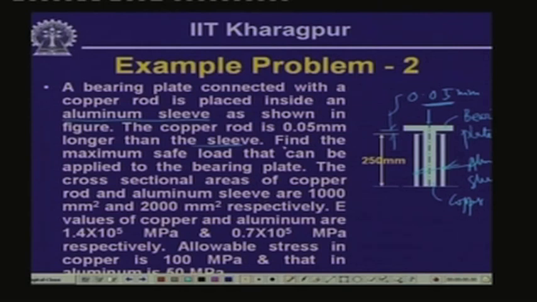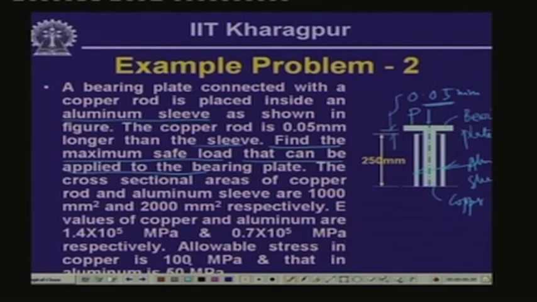Now, we will have to find the maximum safe load that can be applied to the bearing plate. On this plate, the maximum load P that can be applied has to be computed. The cross sectional areas of copper rod and aluminum sleeve are 1000 millimeter square and 2000 millimeter square. E values of copper and aluminum are 1.4 into 10 to the power 5 MPa and 0.7 into 10 to the power 5 MPa.